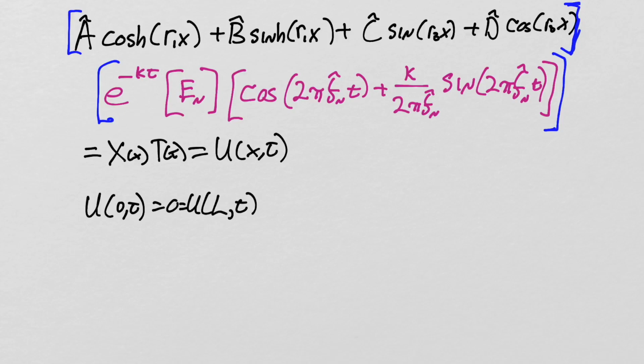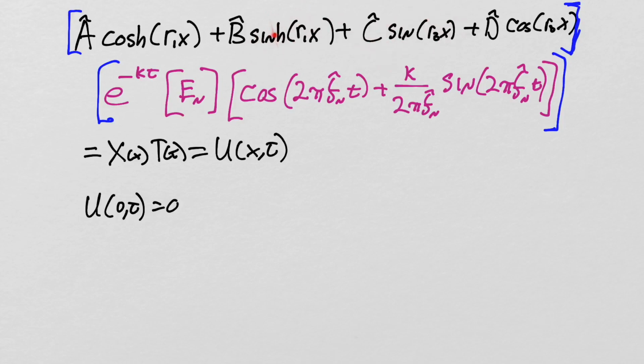So using just the first one, u of 0 and t, we plug in 0 for x everywhere. It doesn't matter what time is. And what do we get when we do that? Well, the hyperbolic sine and the regular sine go away.